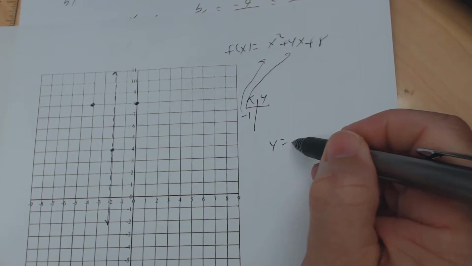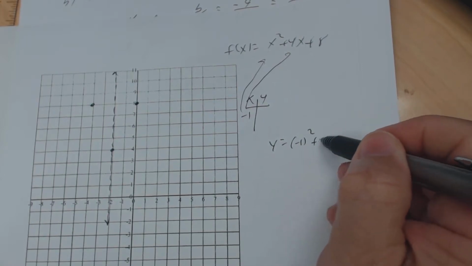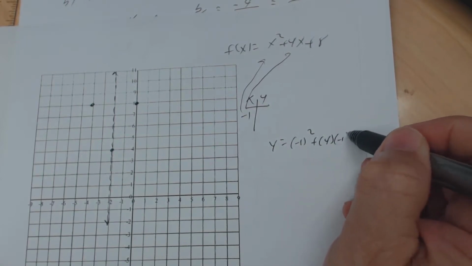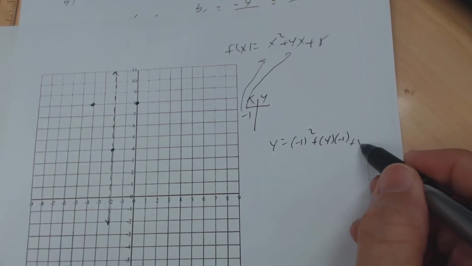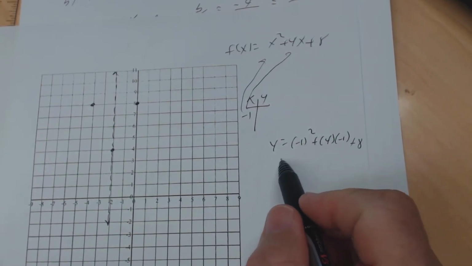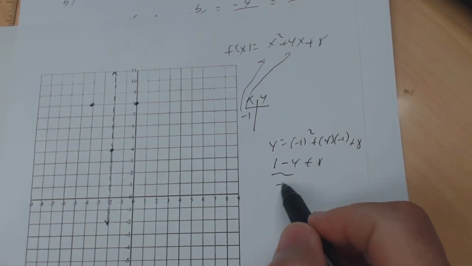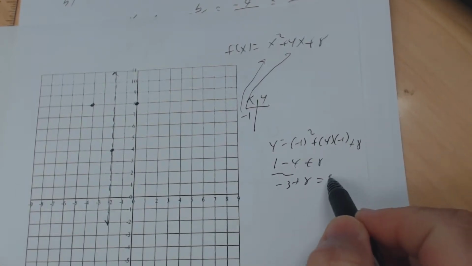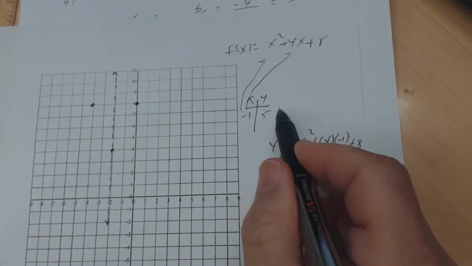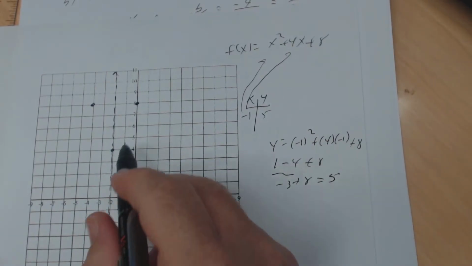So y equals negative 1 squared plus 4 times negative 1, and then plus 8. Negative 1 squared is 1. 4 times negative 1 is negative 4, plus 8. This is negative 3 plus 8, which is 5. So I plot the point negative 1, 5, so that's another point on the graph.